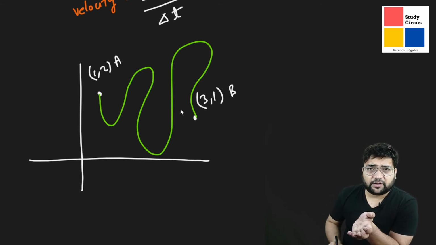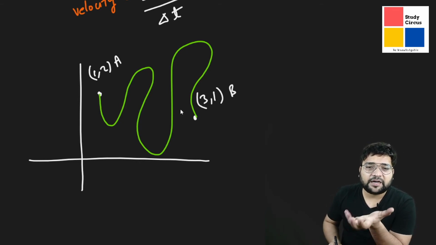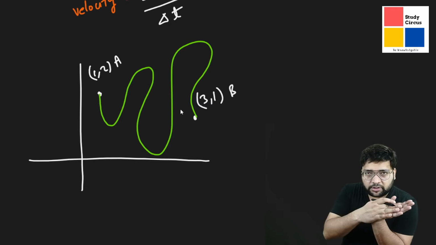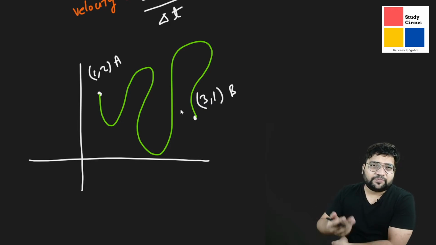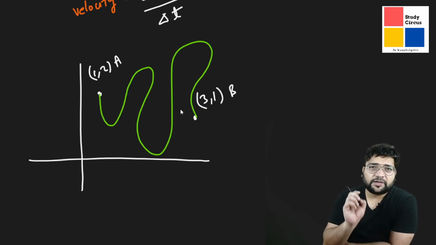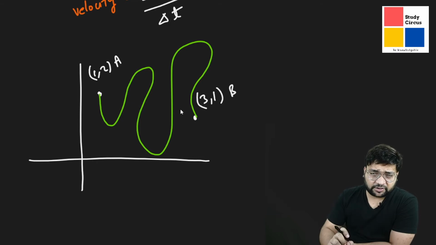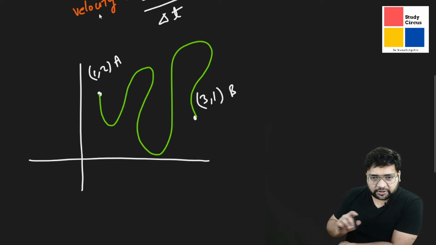But if I talk about what has happened ultimately in the whole course of the journey, what has been the displacement? Displacement has a particular direction. For this whole activity of going from A to B, it has a particular direction and a particular magnitude. So if I say what is the displacement, the displacement is this much.